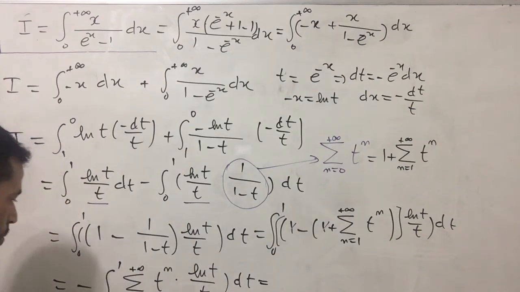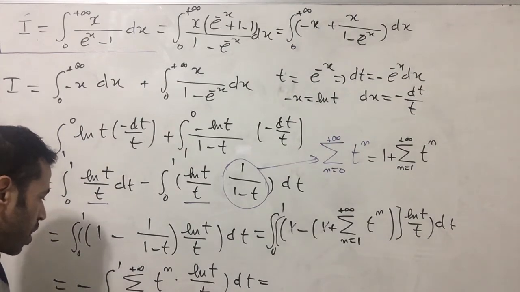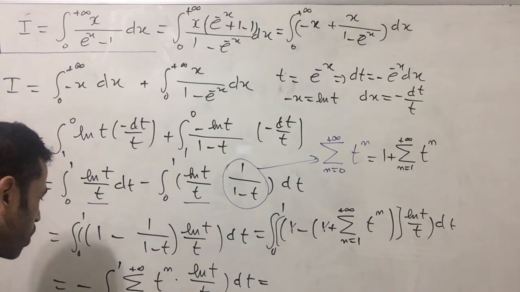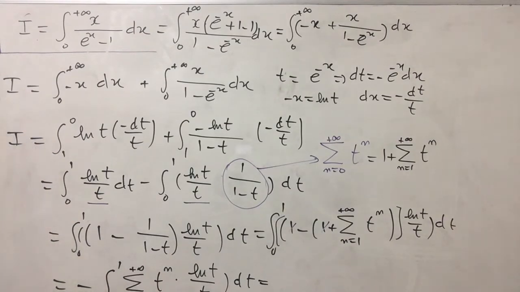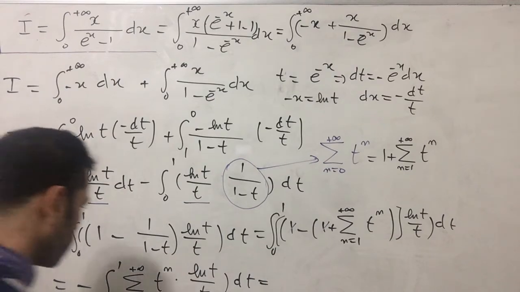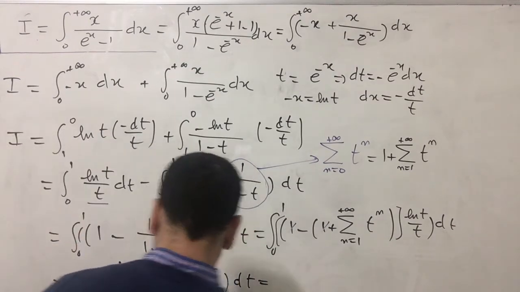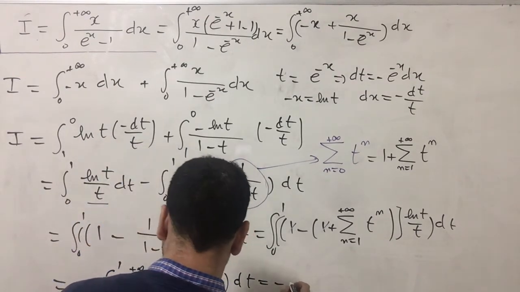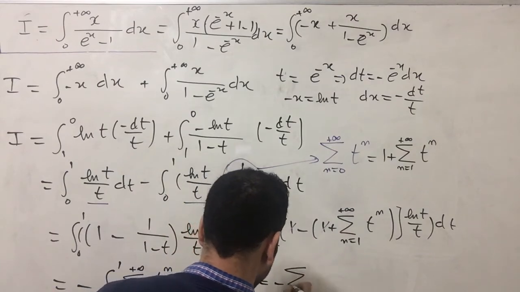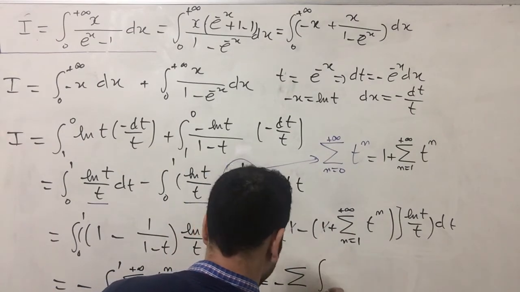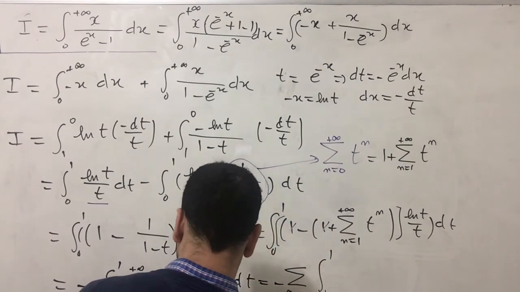As long as this geometric series is a convergent series, we are allowed to take this sum notation outside of this integral because of convergence.